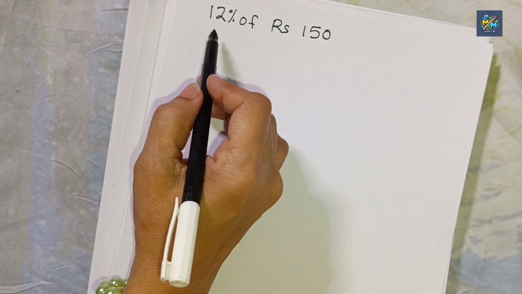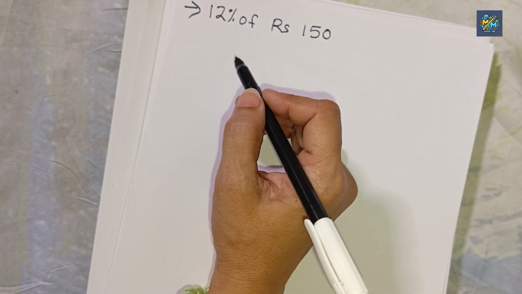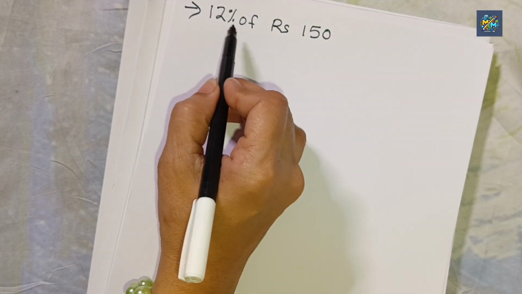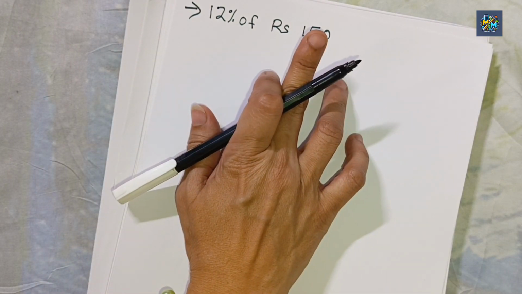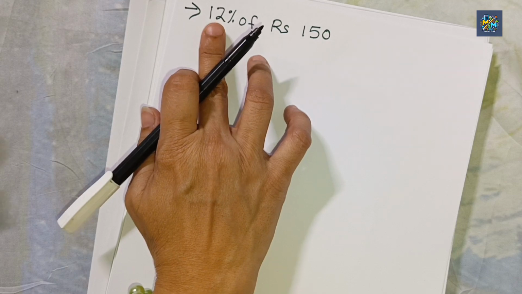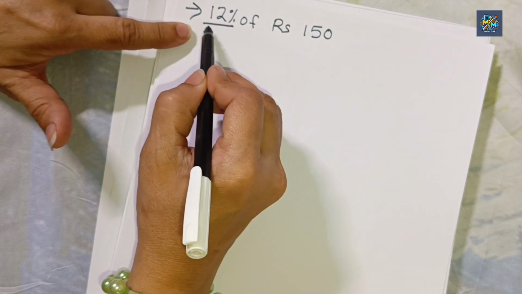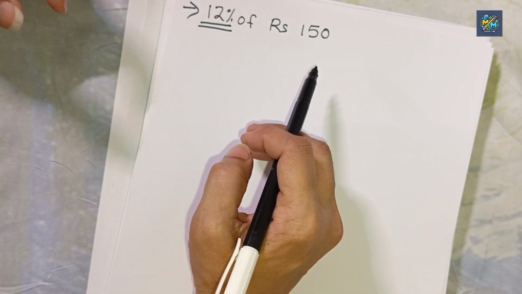I've just created this question to explain to you. So I have to find out, I have rupees 150 and I have to give 12%, which means I have to find this 12% in terms of an amount.